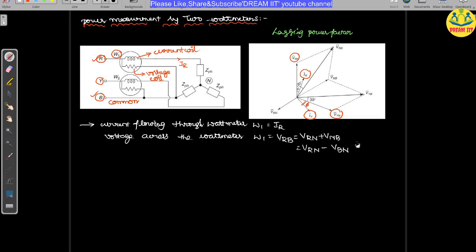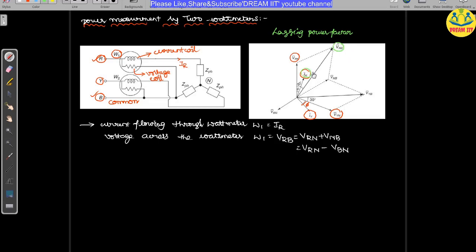So now the phasor diagram. What is the reading of the wattmeter, you can say? You can observe here what is the phase angle difference between VRB and IR.